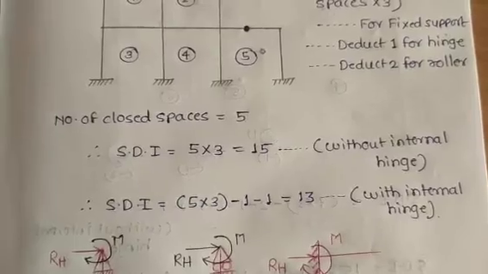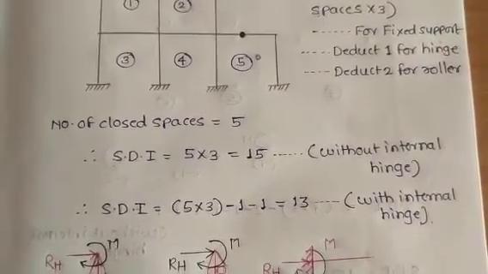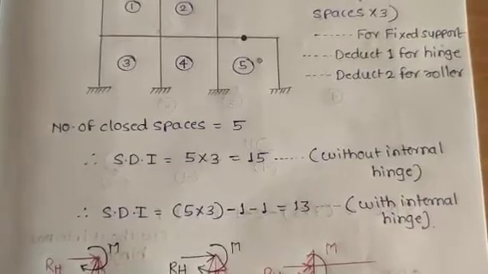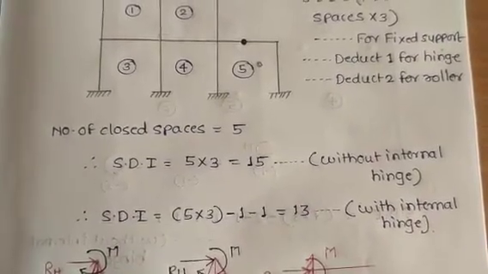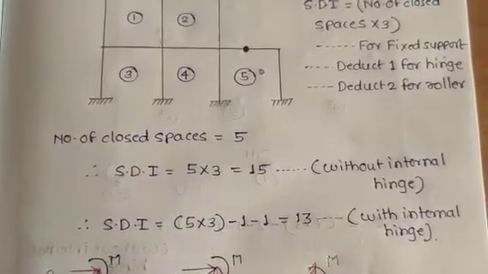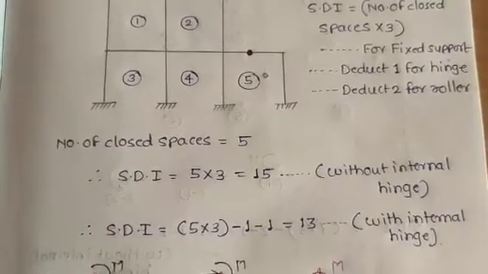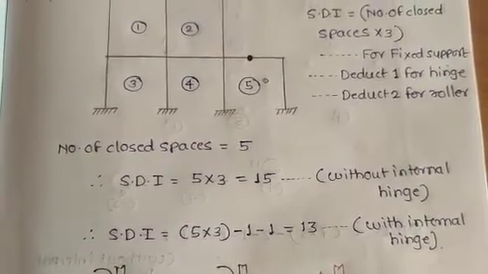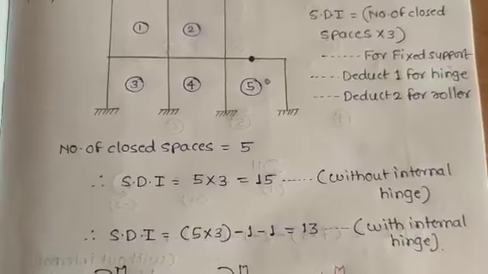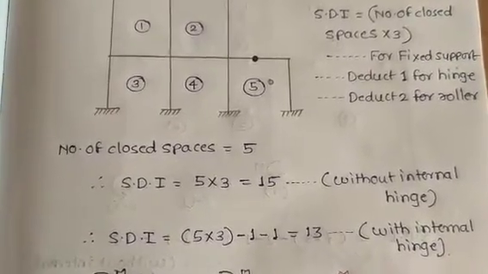For calculating the static degree of indeterminacy without internal hinge, you have to count the number of closed spaces and multiply it by 3. As all the supports are fixed supports, there is no release, means there is no deduction. So 5 into 3 is equal to 15. That is the static degree of indeterminacy for this portal frame without internal hinge.